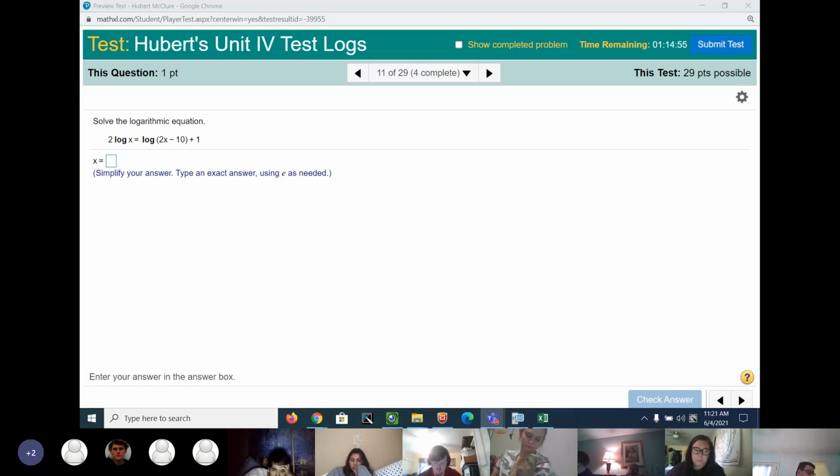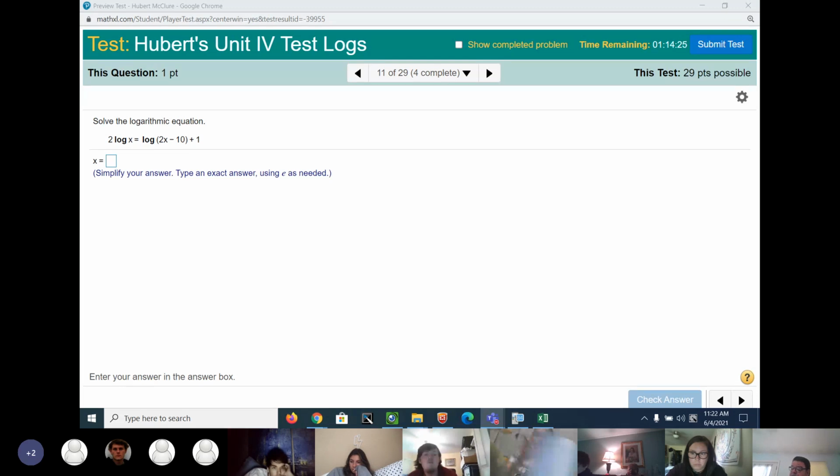Okay, this one says 2 log of x equals log of 2x minus 10 plus 1. We could get the logs on both sides since they're both the same.